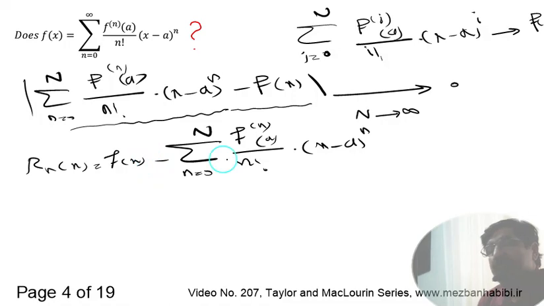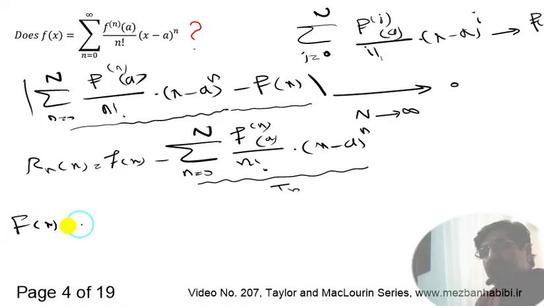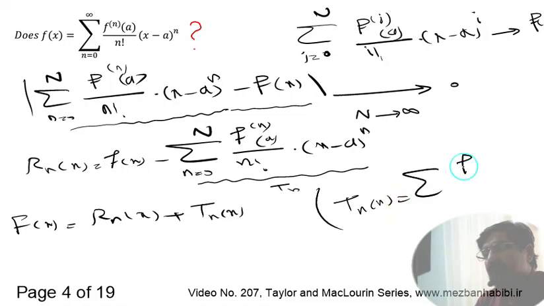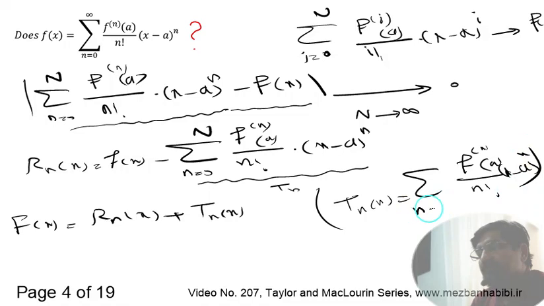We can write f of x equals Rn of x plus Tn of x, where Tn of x is the summation of these terms from capital N plus 1 to infinity: the nth derivative of f at a over n factorial times x minus a to the power of n, n from N plus 1 to infinity.